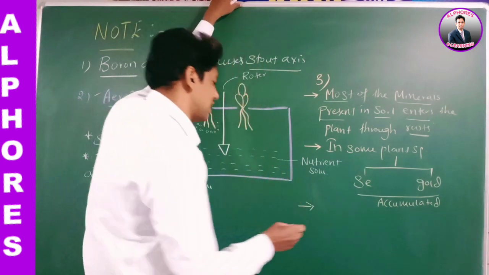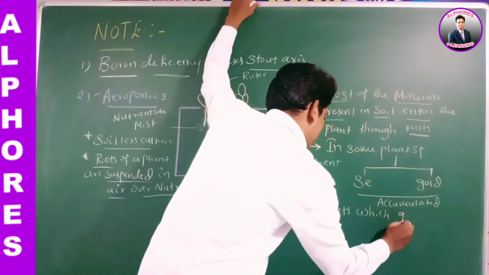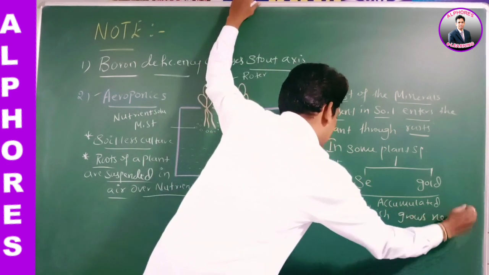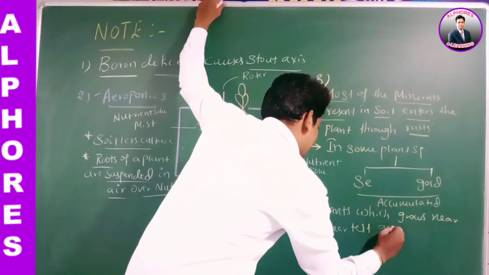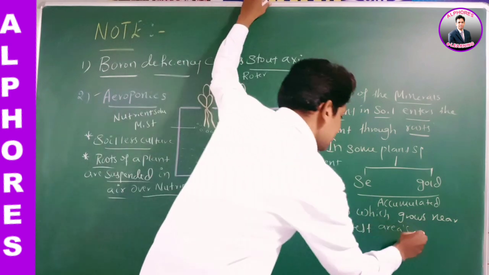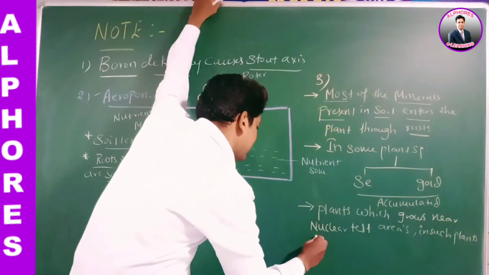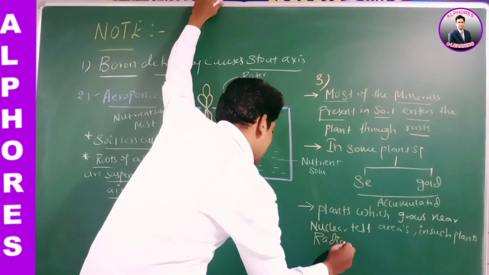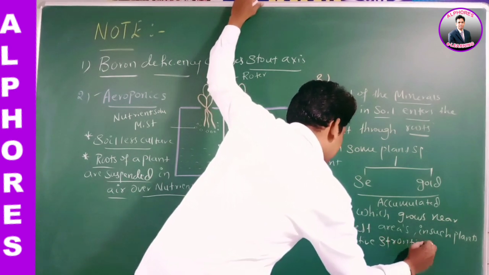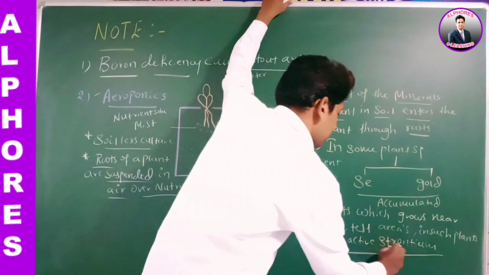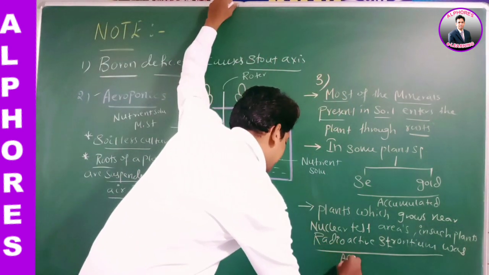Therefore, plants which grow near nuclear test areas, in such plants, radioactive strontium was accumulated.